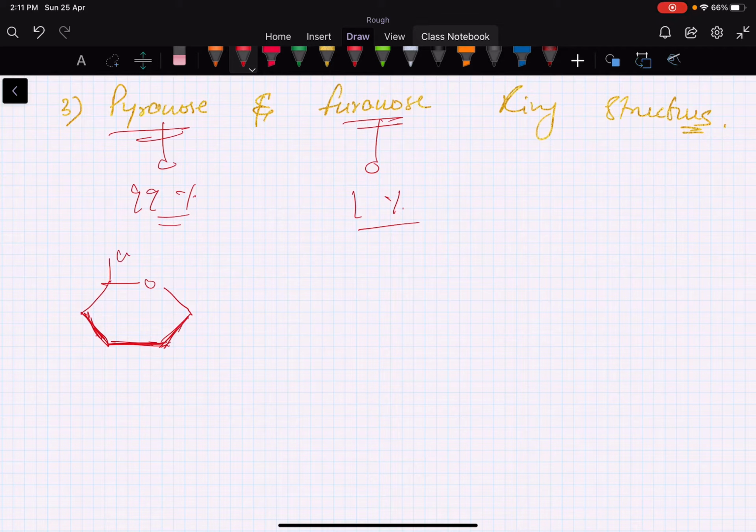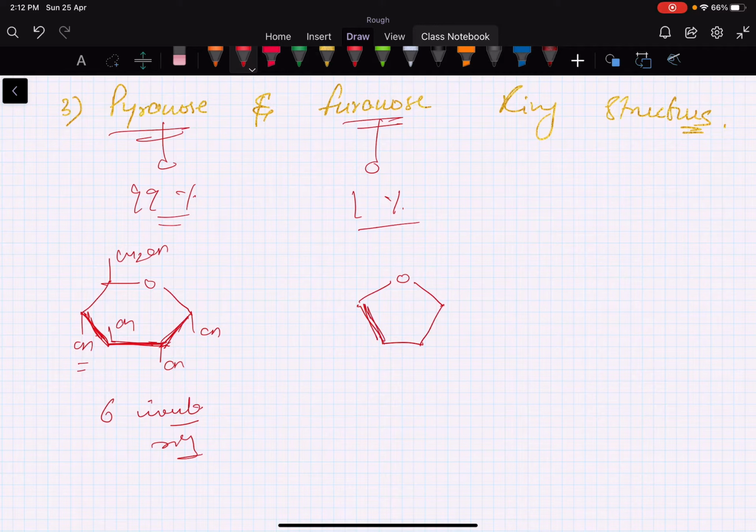This is pyranose and furanose. Furanose will have a 5-membered ring, whereas pyranose will have a 6-membered ring.